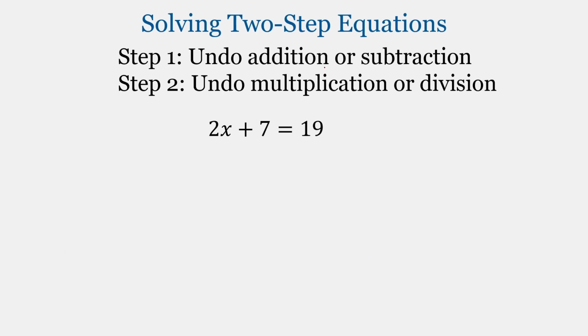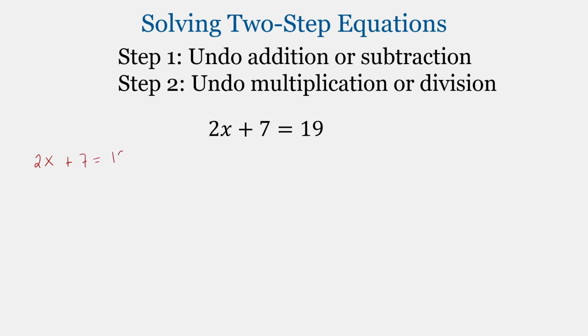Now it's best practice to undo addition or subtraction first before undoing multiplication or division. You're going to be doing PEMDAS, or order of operations, in reverse. However, it's not a requirement. So for this problem, if we did order of operations in reverse, we have 2 times x plus 7 is equal to 19.